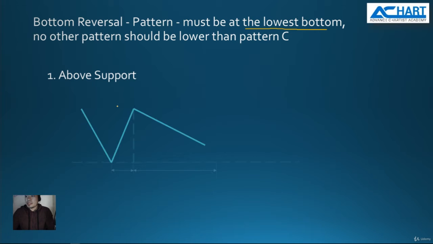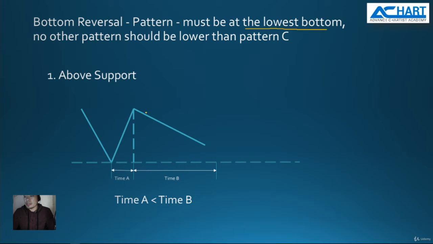In the first bottom reversal pattern, you can see that when it's going downward, the buyer comes in, and there is a seller coming in.